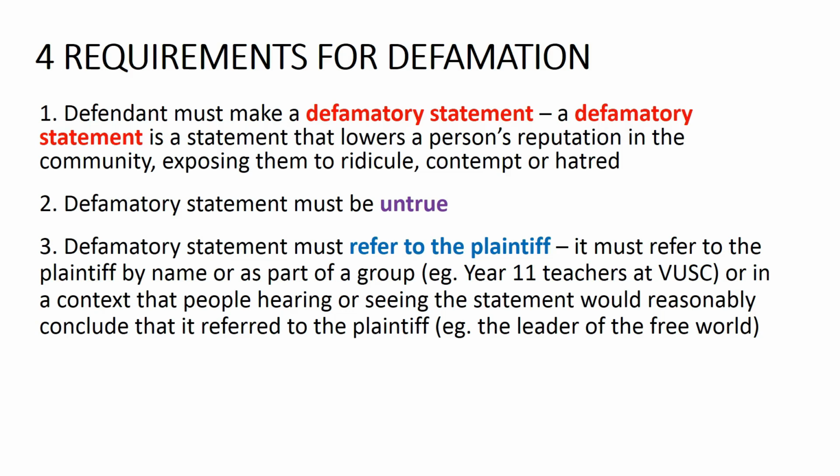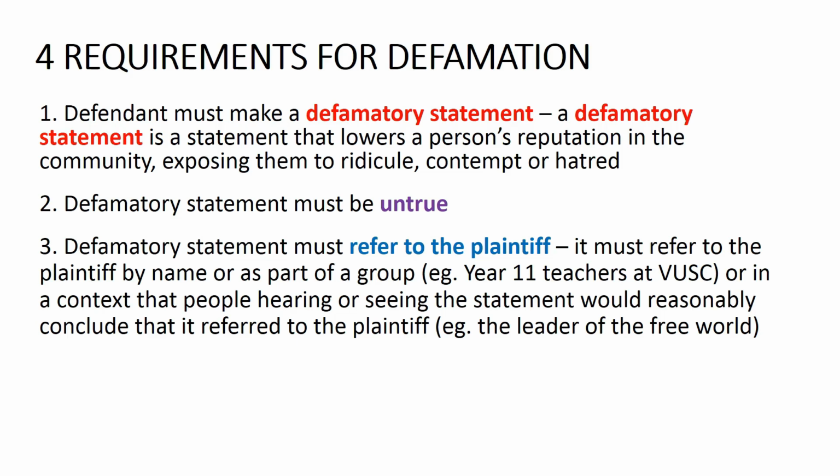For example, if a person states that the leader of the free world is untrustworthy, then it is reasonable to conclude that the statement is referring to the current President of the United States as being untrustworthy. This is because it is the President of the United States, not the Pope, not the Chinese President, and not even the Prime Minister of Australia, who is universally regarded as the leader of the free world.